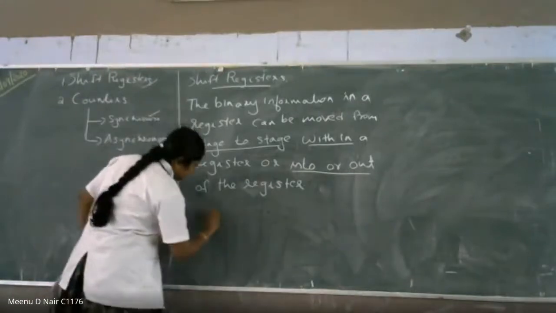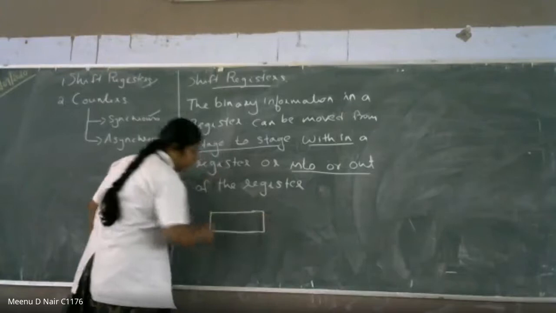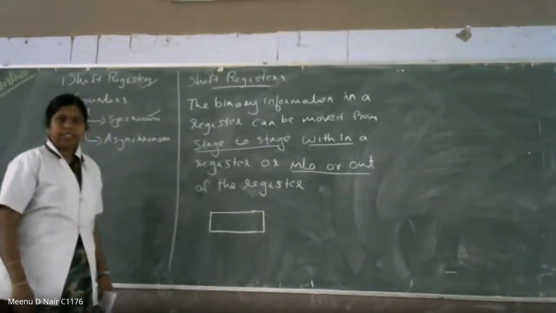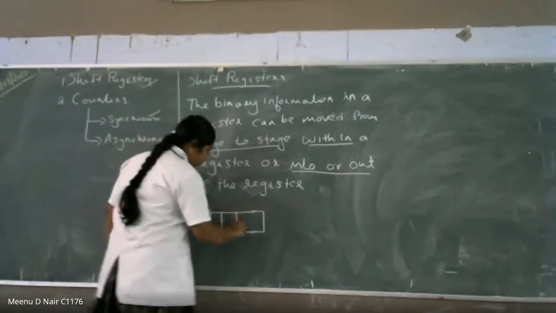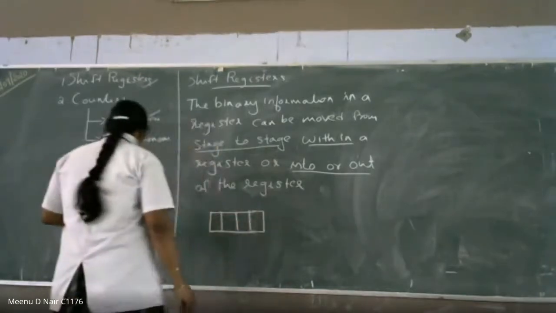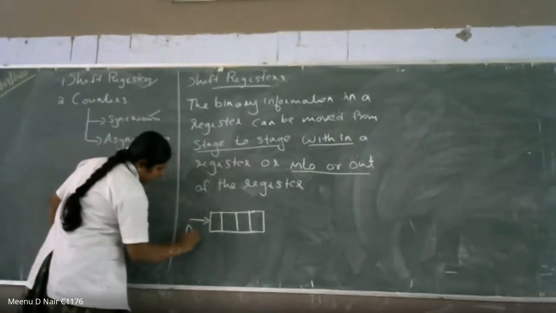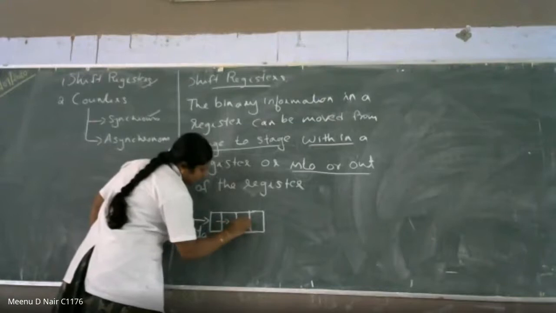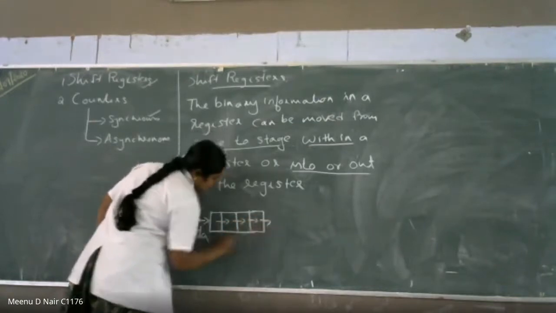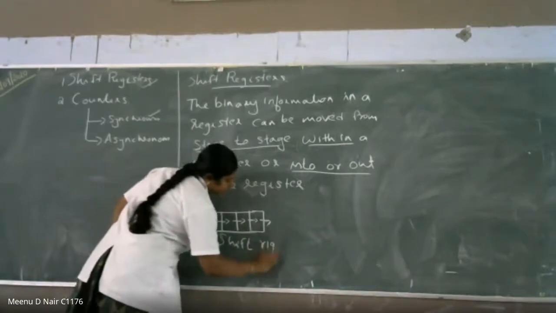You are just showing them as cells only. Suppose it is a register of 4 cells: 1, 2, 3, 4. If this is your data and you are shifting the data like this, this is shift right.